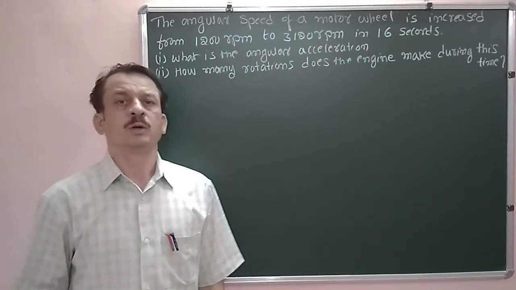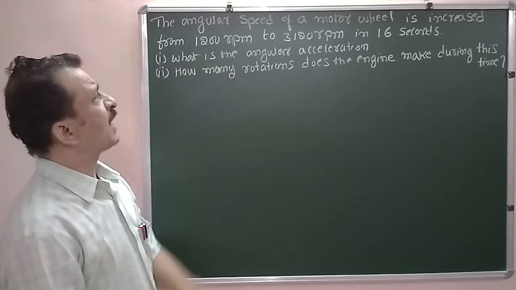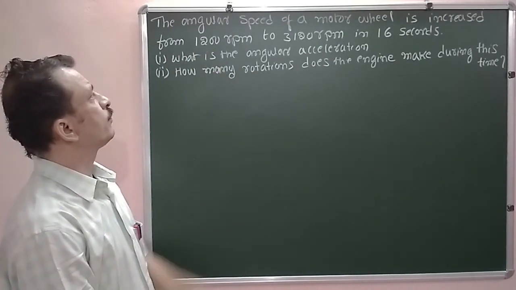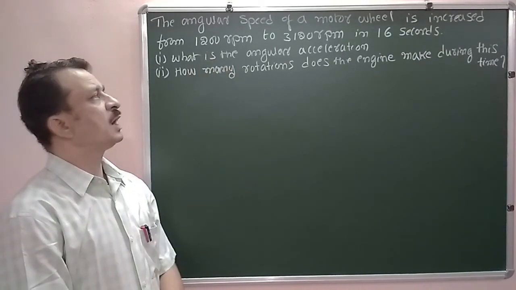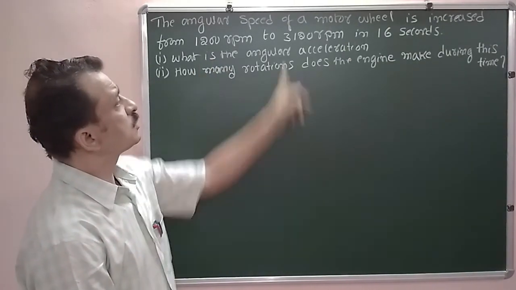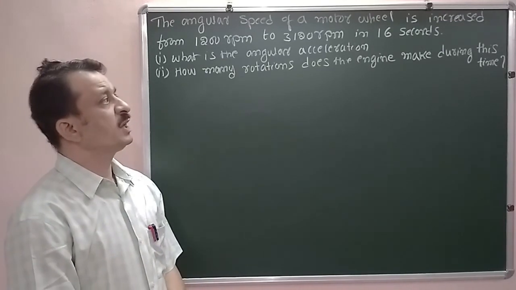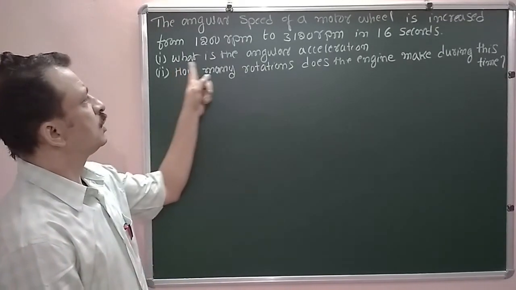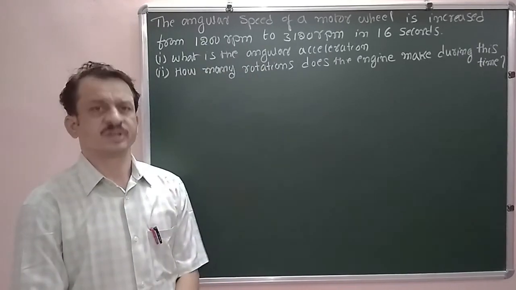Now we solve one problem. The angular speed of a motor wheel is increased from 1200 rpm to 3120 rpm in 16 seconds. First, what is the angular acceleration?